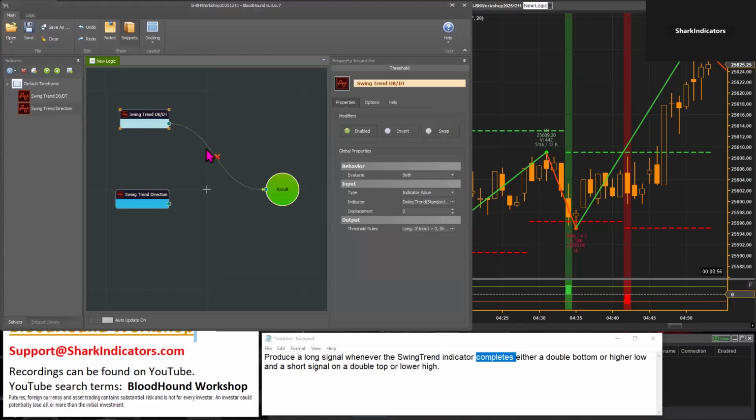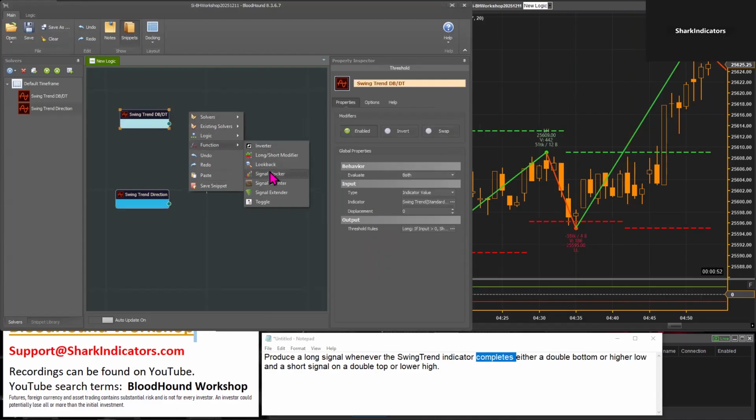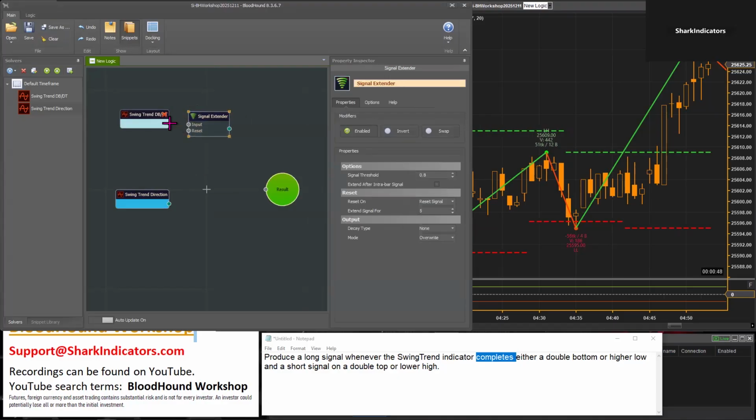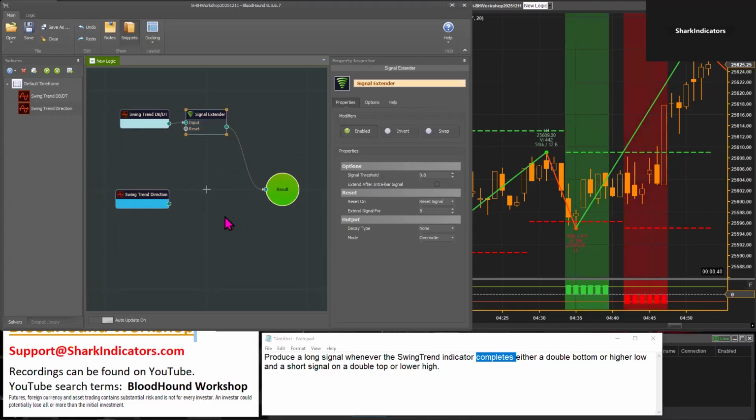So the way we're going to do this is I'm going to grab a signal extender, which was kind of what I was thinking to begin with. We're going to need a signal extender here because when we do get a double bottom, it's not locked in until price starts reversing and moving the other direction.